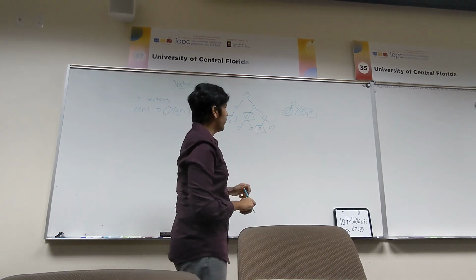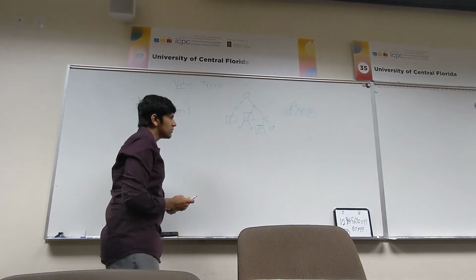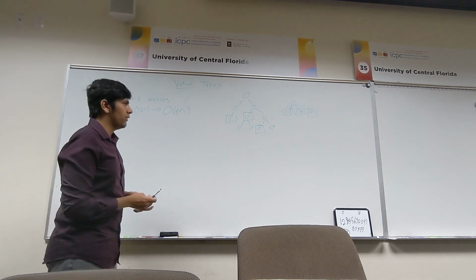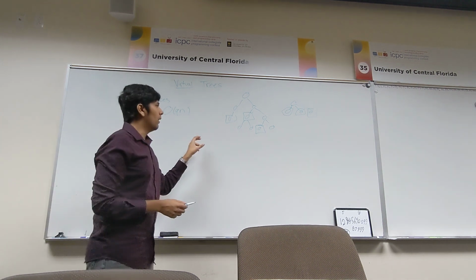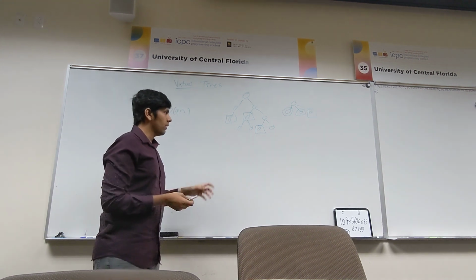Yeah, we know they all come from the root, but at what point do they split off? And so this gives us a good motivation to consider where they split off from.